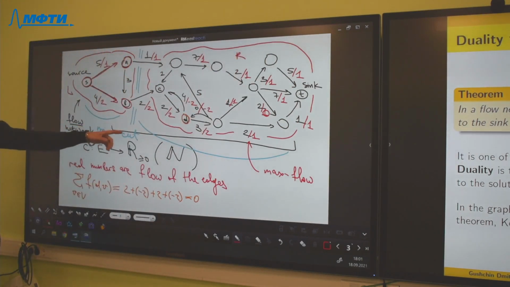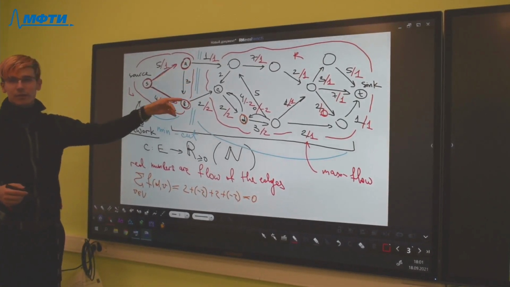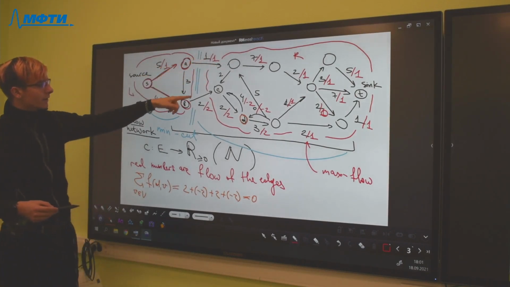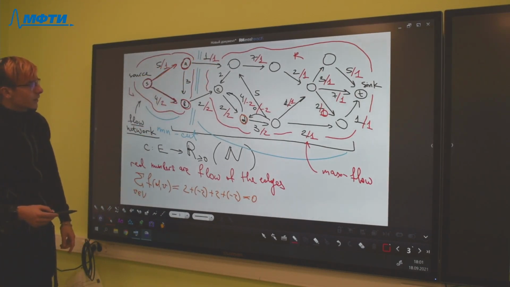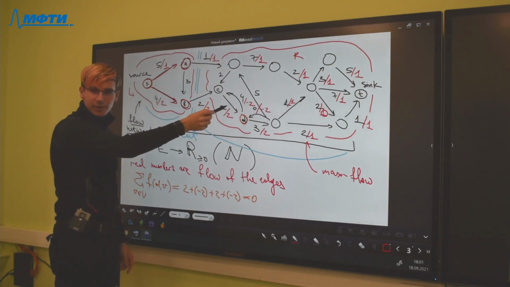And a cut in the flow network is dividing the set of the vertices into two parts. One part contains the source and one part contains the sink. And we say that it is minimal if it has minimal value. And the value of the cut is equal to the sum of the capacities of the edges that start in the left part and end in the right part.